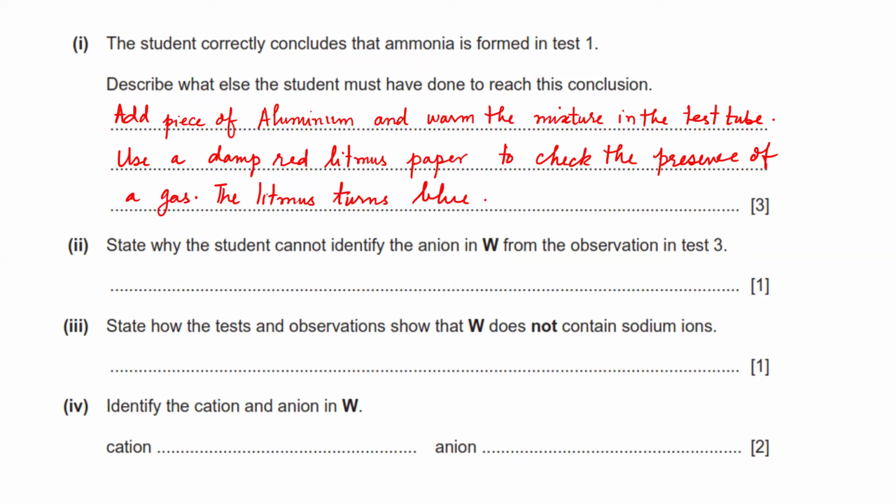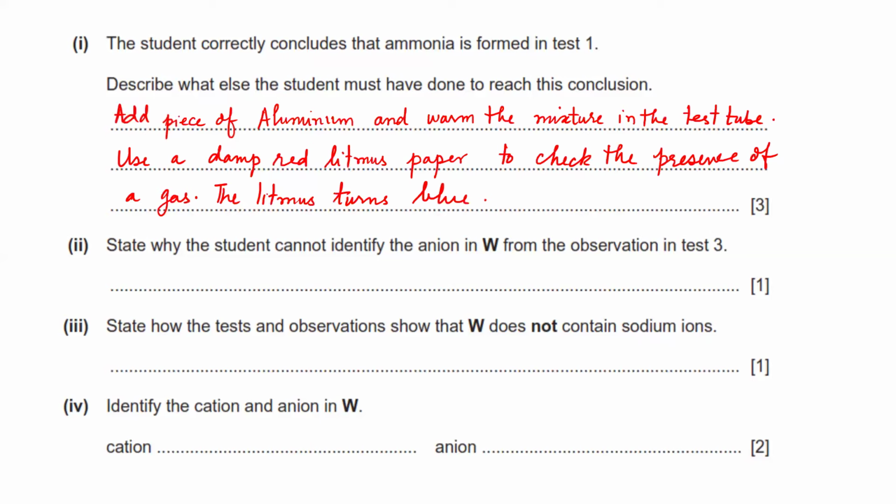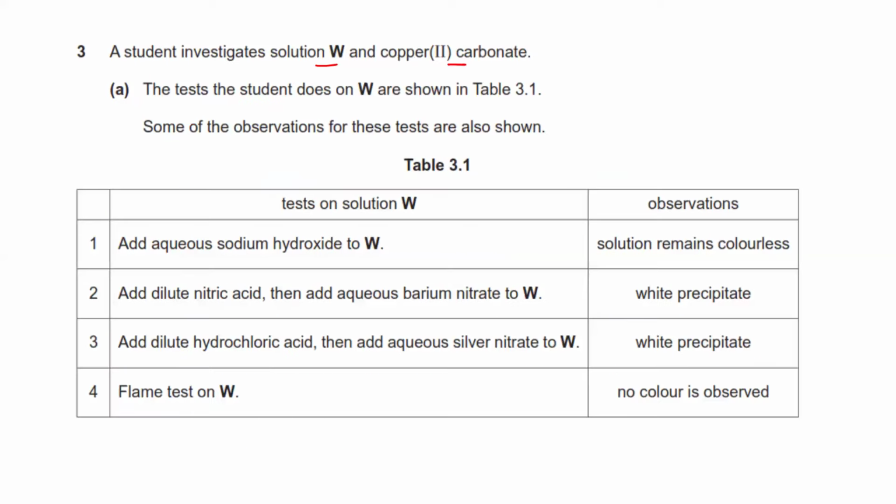Okay, then part 2, it says state why the student cannot identify the anion in W from the observation in test 3. So remember, test 3 is dilute hydrochloric acid and aqueous silver nitrate. So HCl, and then AgNO3.